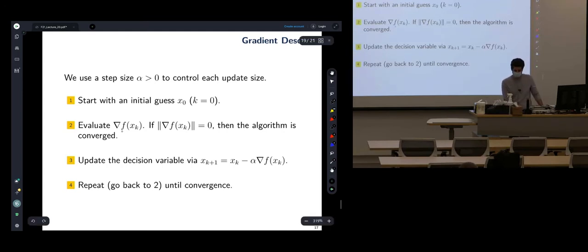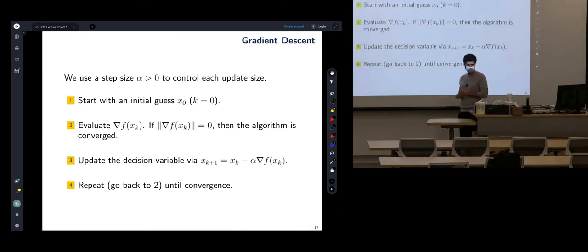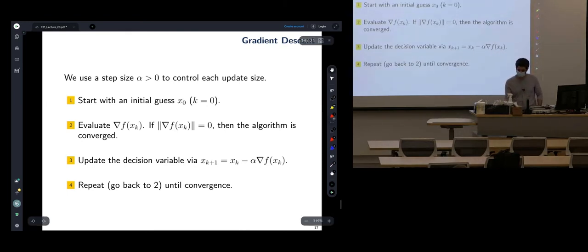Evaluate your gradient. If the norm of your gradient is 0, the algorithm has converged, because that was the necessary condition. The derivative being the 0 vector is the necessary condition for a local minimum. So we will stop at this point.